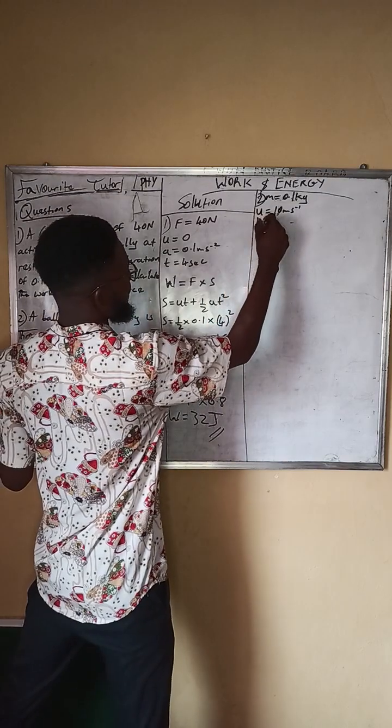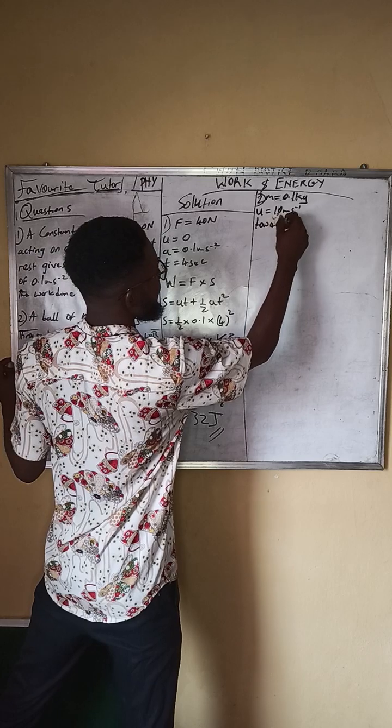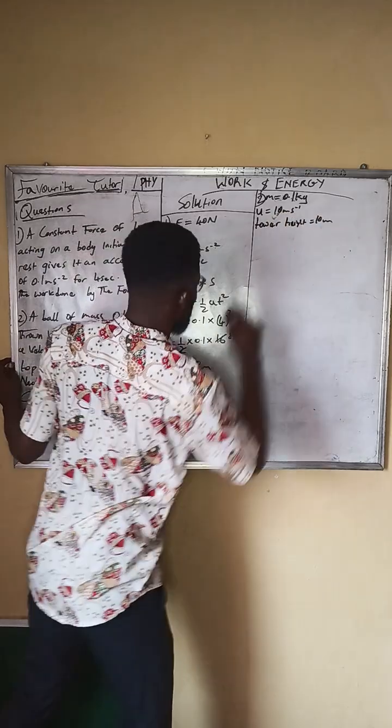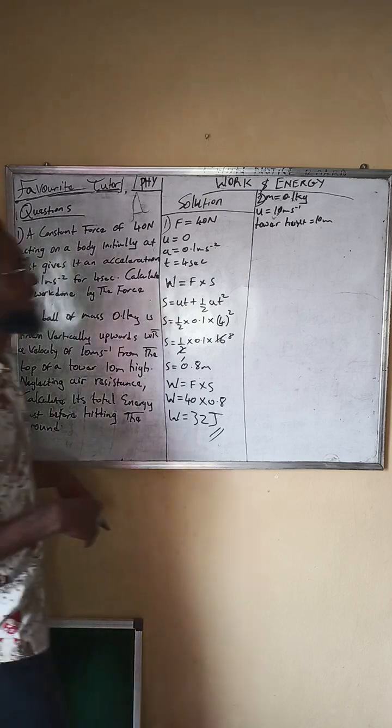So the tower height is equal to 10 meter. Neglecting air resistance. So we now calculate the total energy just before hitting the ground.